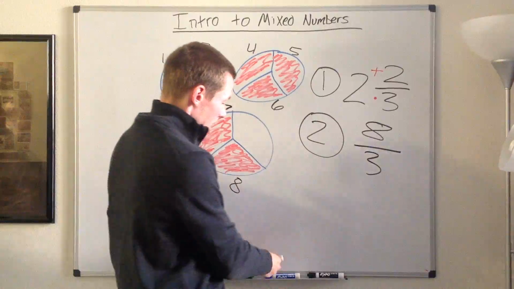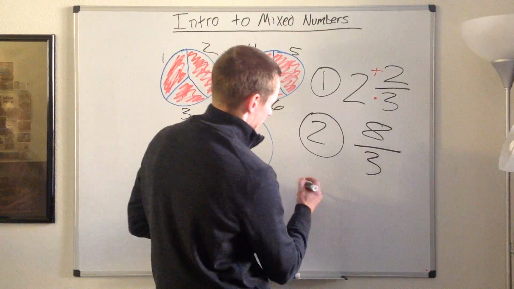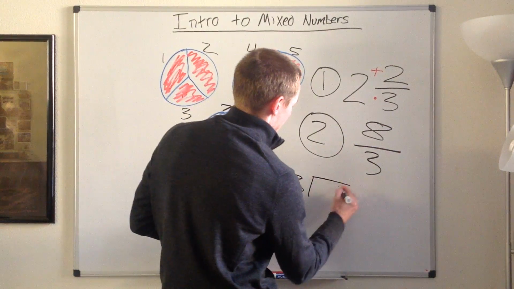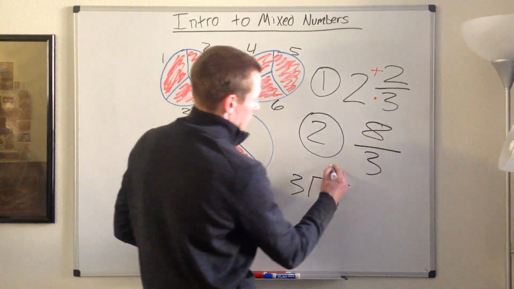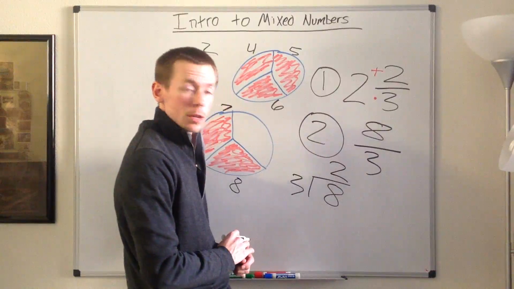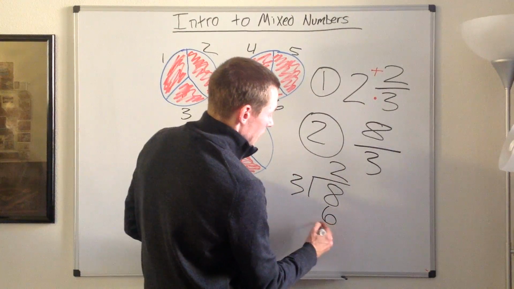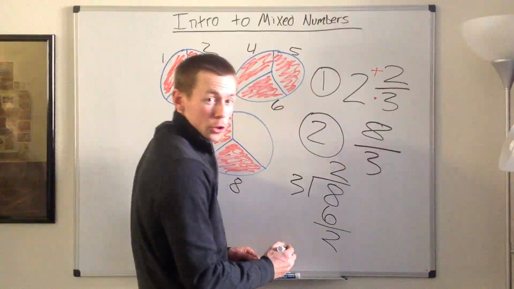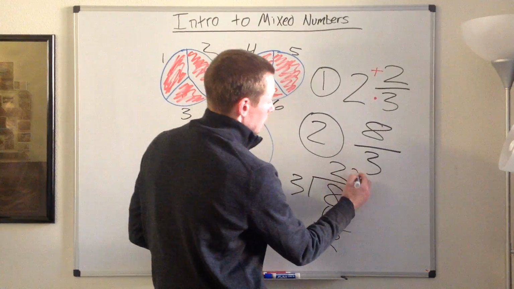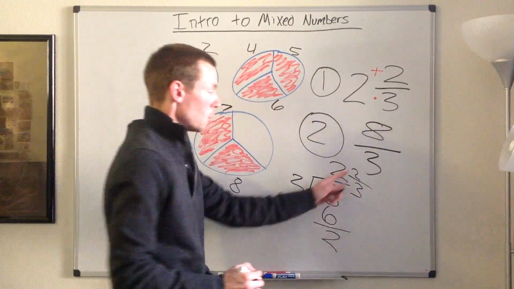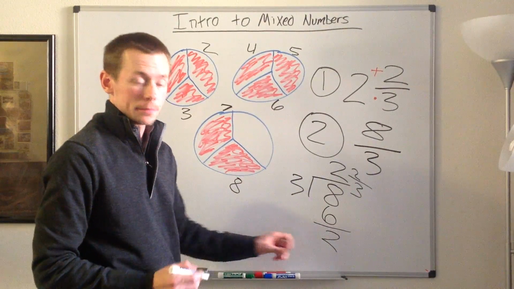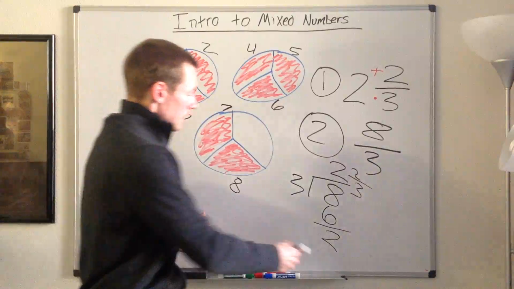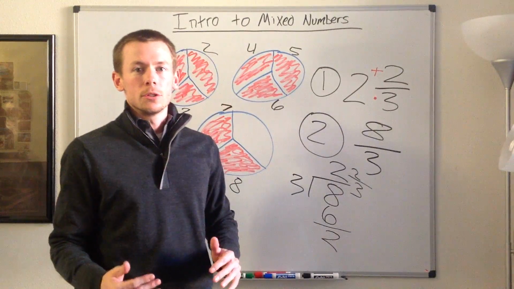Or, if we were going in the other direction, how many times does 3 go into 8? Goes in 2 times. And then what is the remainder? 2. So 2 complete with 2 out of 3 left over on our last shape. Okay. All right, so then this now officially concludes this lesson.